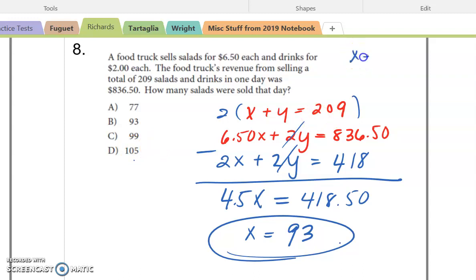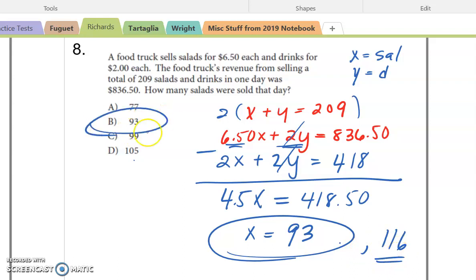Because remember, we talked about x being salads because I made them $6.50, and y being drinks because I made them $2. So make sure, because a lot of times they will put both answers. Here, x is 93, and 209 minus 93 is 116. They don't put both answers, which is kind of nice, but a lot of times they will. So just make sure that you do label your variables, as your Algebra 1 teachers always have told you.